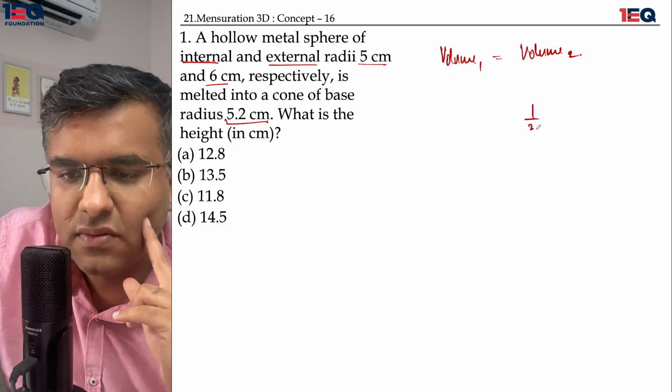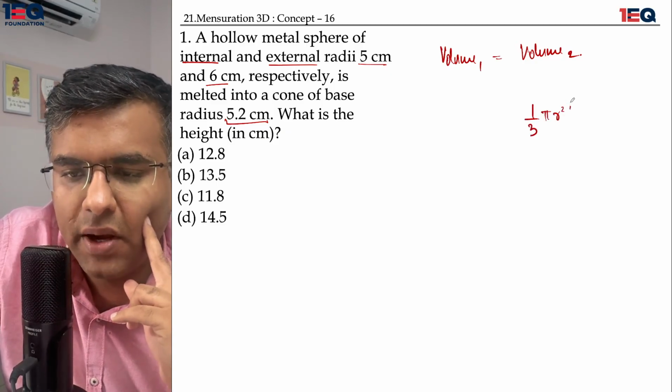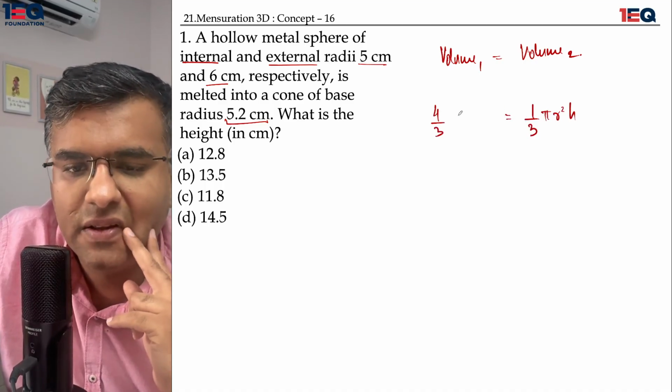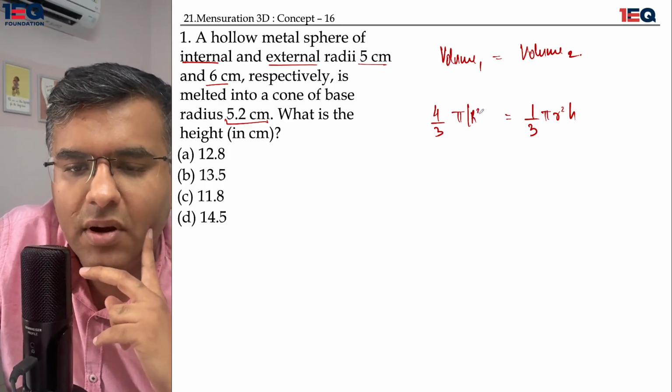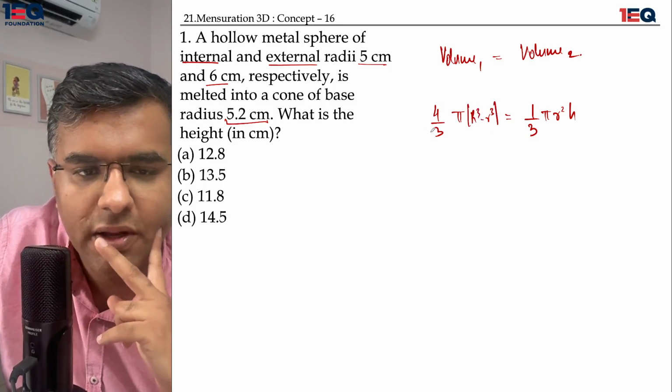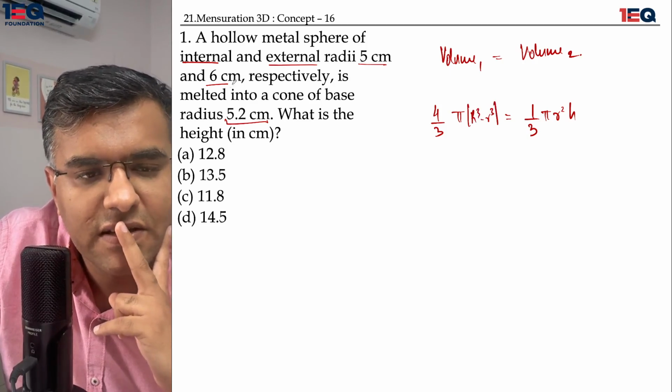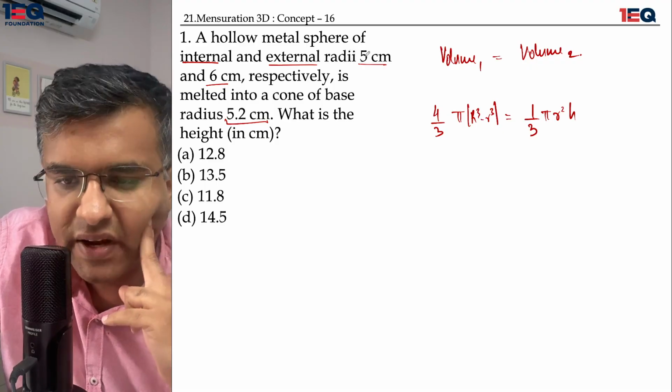The cone's volume is 1 by 3 pi r square h, and the hollow metal sphere's volume is 4 by 3 pi, capital R cube minus small r cube. Capital R cube is 6 cube and small r cube is 5 cube.